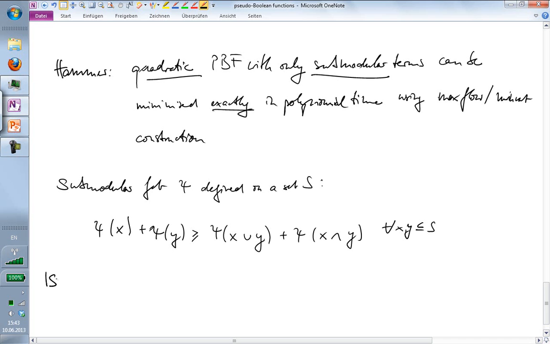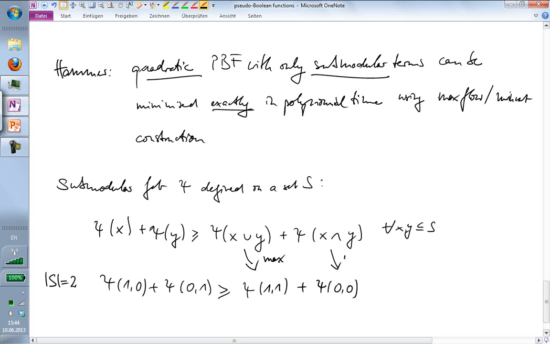So let's just look at a set S of size 2, psi of 1, 0, psi of 0, 1. If I have sets, the union can be obtained through a max operation, and the intersection can be obtained by a min operation.